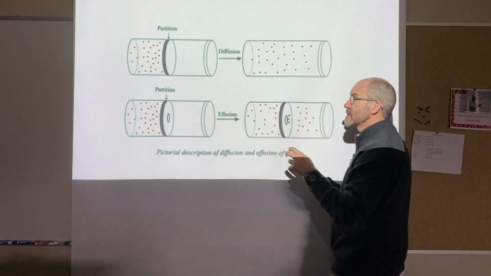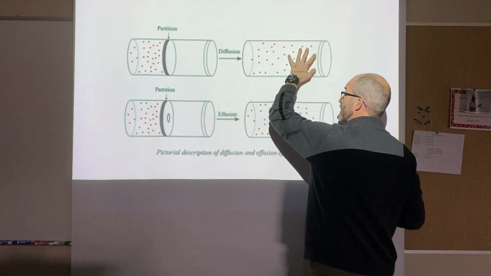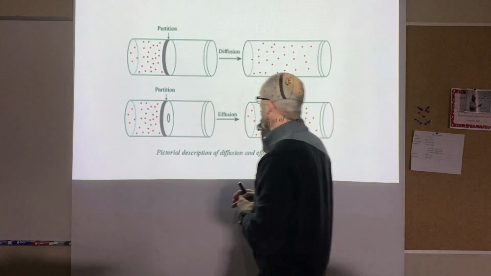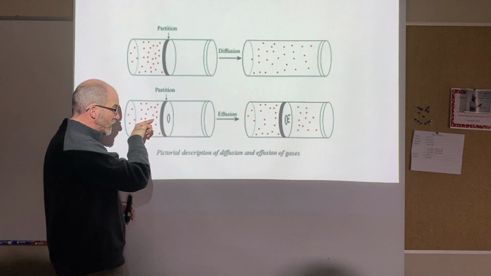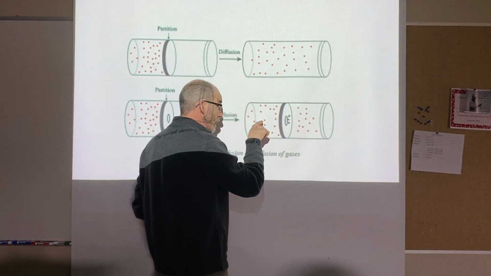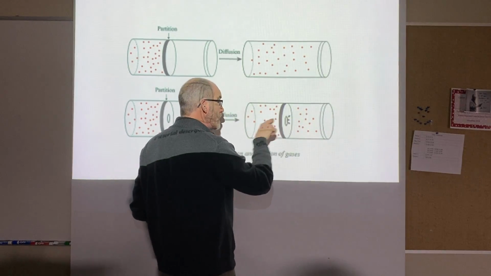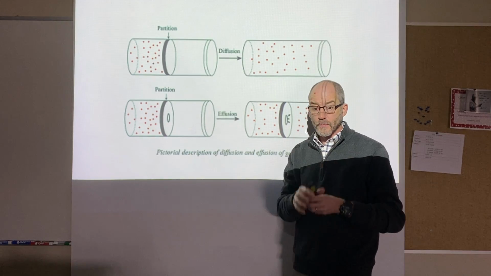How long does that take? Whereas effusion is the rate at which this gas escapes from here into here. So effusion is going from here to here, that rate. Diffusion is how long does it take for you to mix.